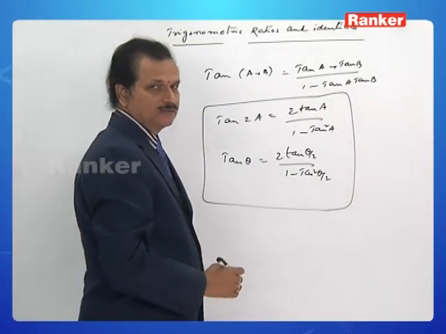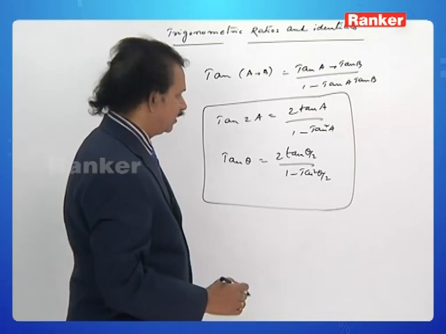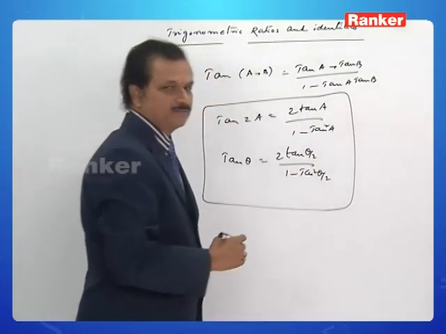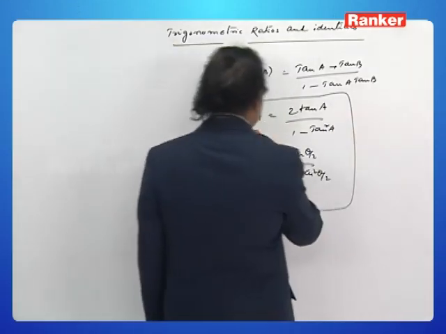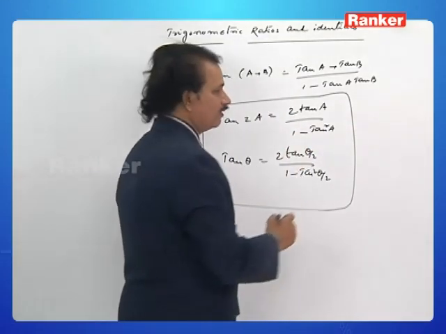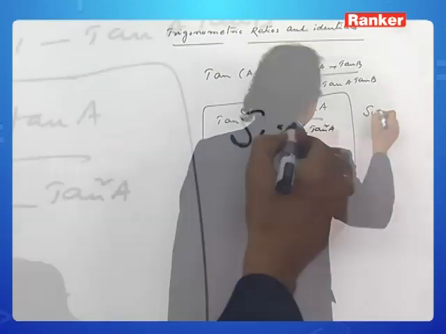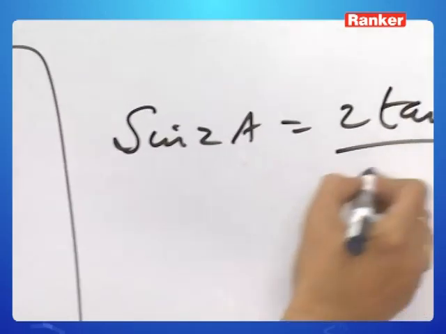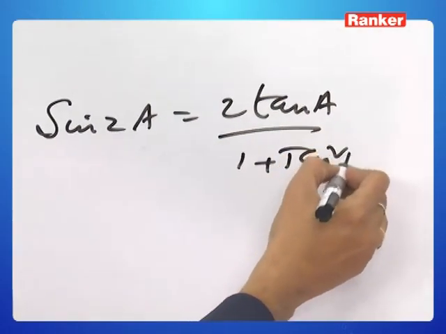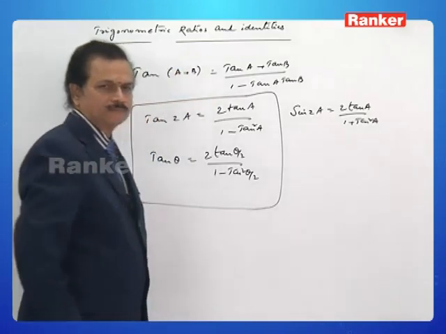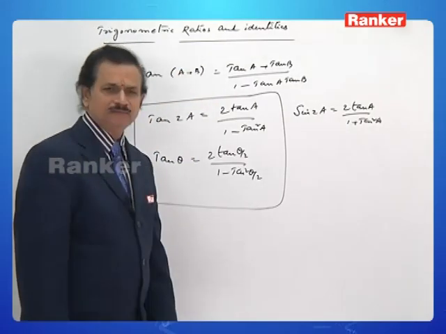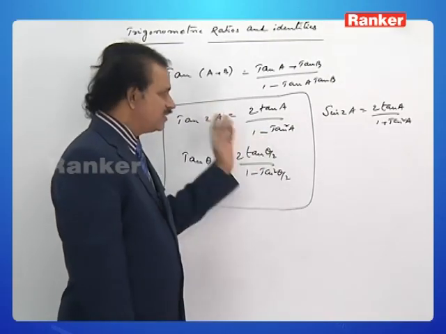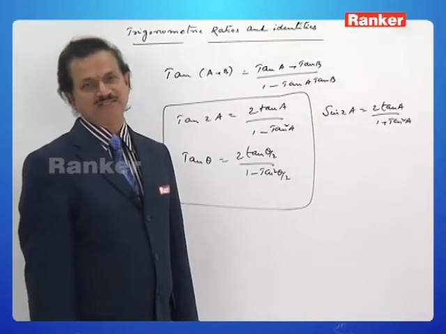Well, my dear, students will generally be confused about these two formulae: sin 2a is equal to 2 tan a by 1 plus tan square a, and tan 2a is equal to 2 tan a by 1 minus tan square a. They look similar, but with a slight difference. In the denominator it is 1 minus tan square a here, and there it is 1 plus tan square a.